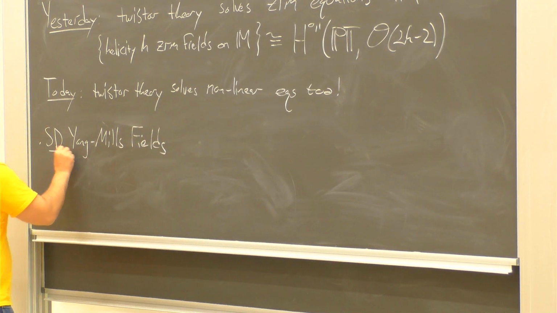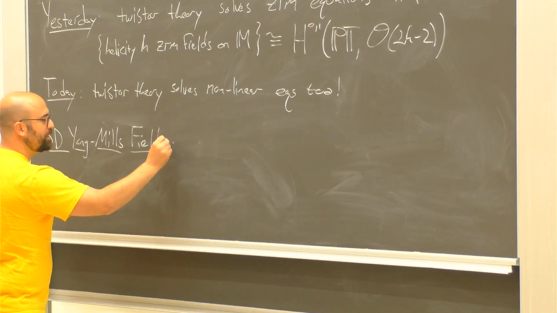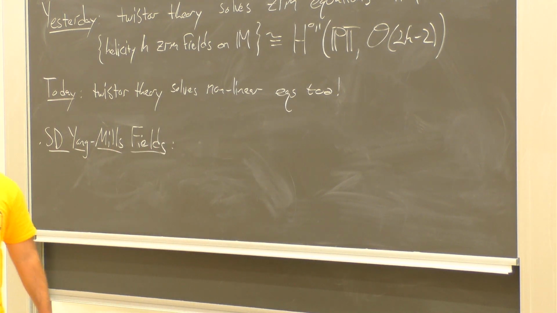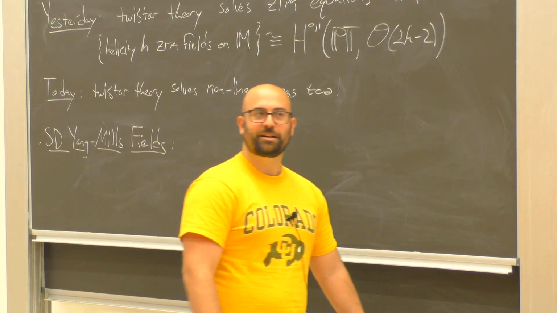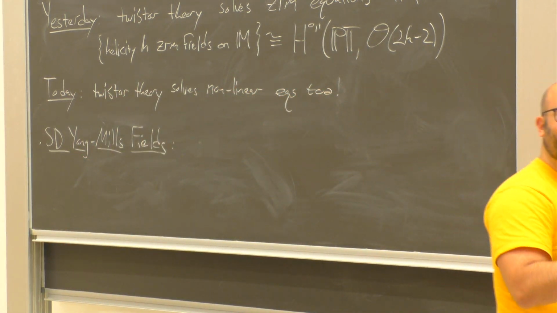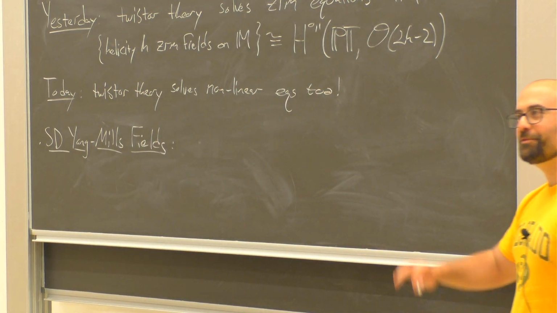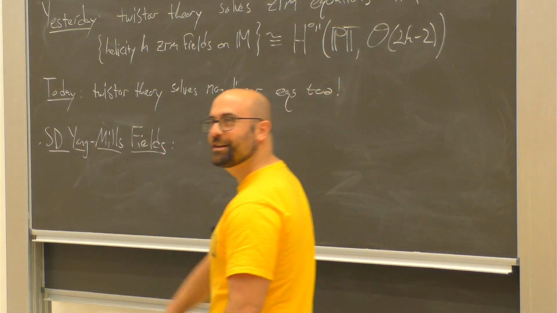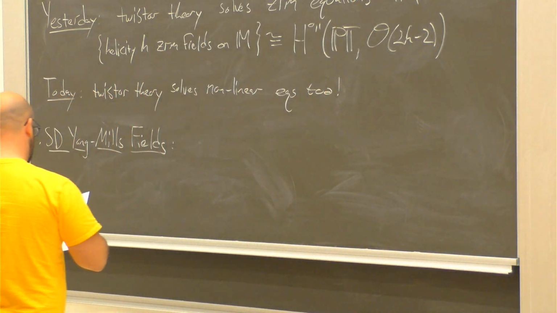Yesterday, we wrote a bunch of two-spinor decompositions of Maxwell fields on the board. All of that is basically going to go through unchanged today. You just have to imagine that there's a Lie algebra index hanging off of everything.